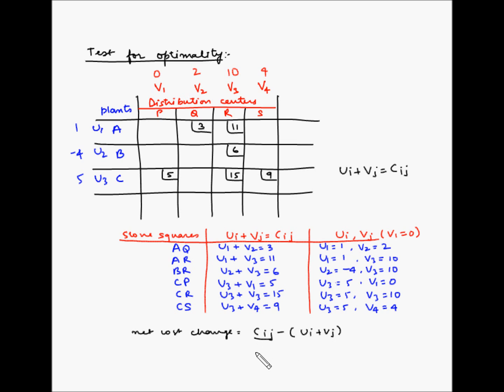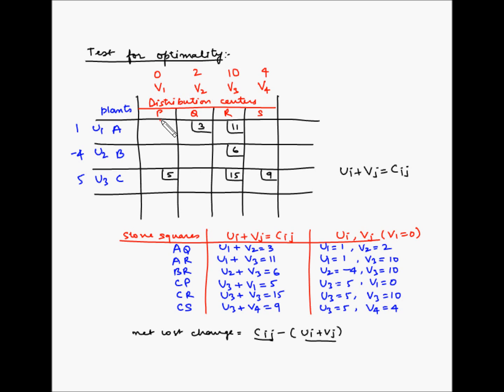Cij is the actual cost of the cell and Ui plus Vj is the implicit cost. So let me note down the unit cost of the water squares. So for AP it is 2, for AS it is 7, for BP it is 1, for BQ it is 0, for BS it is 1, for CQ it is 8.